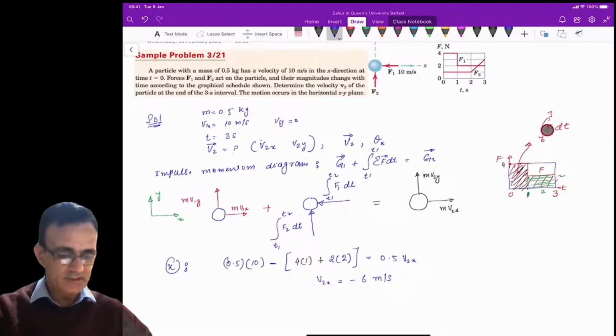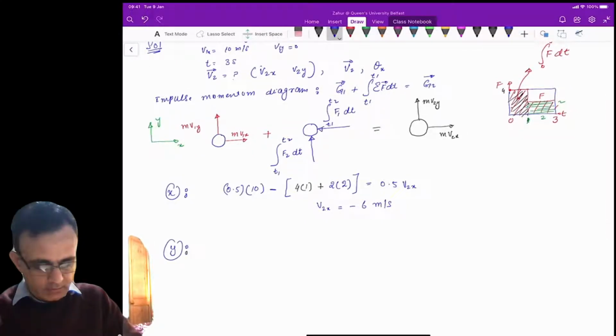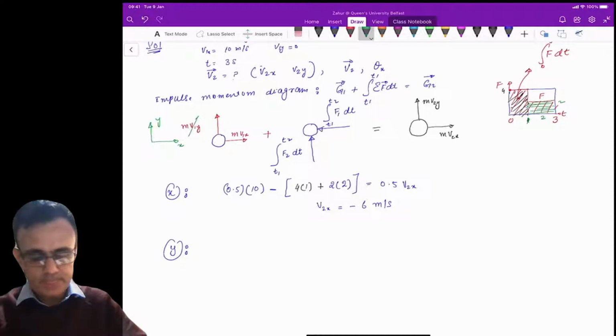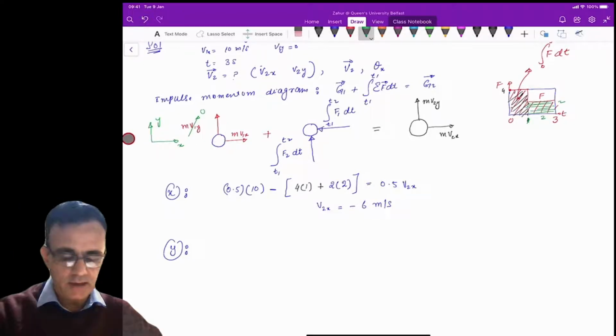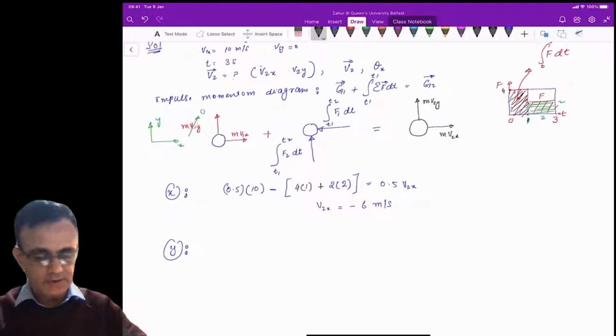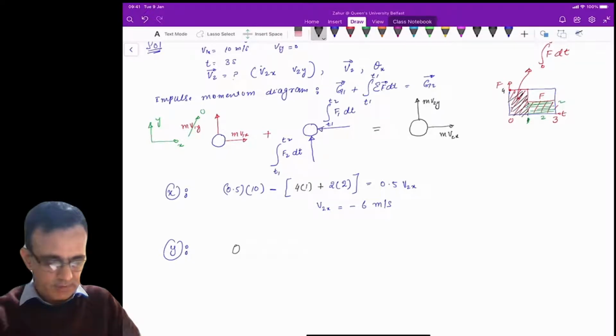In the y direction, you have mv1y, but v1y, the initial velocity in the y direction, is 0. So the initial momentum in the y direction is 0.